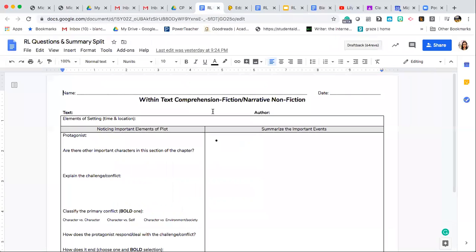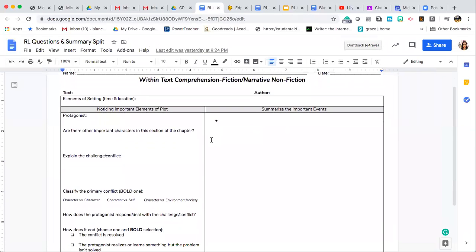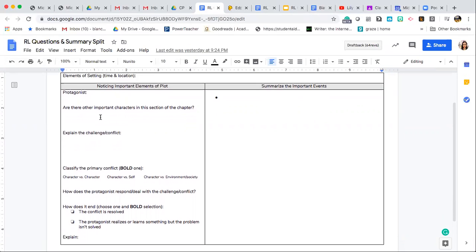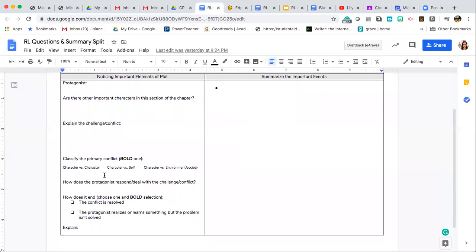It's going to look a little bit like this. We're asking you to put the text, the author's name, where the story is taking place, and we're also asking you to complete and fill in these pieces of information. Who is the protagonist? What other characters exist in this story? What's the conflict? We're asking you to classify the primary conflict, and you could bold which one you think it is: character versus character, character versus self, or character versus environment.